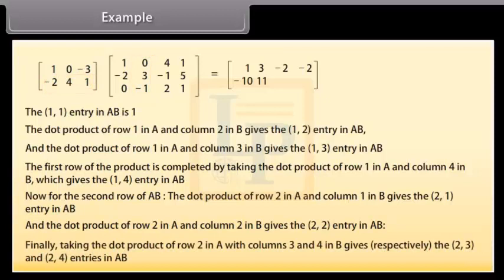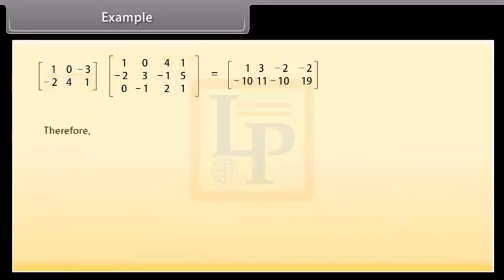Finally, taking the dot product of row 2 in A with columns 3 and 4 in B gives respectively the 2, 3 and 2, 4 entries in AB. Therefore, AB can be written as a matrix row-wise: first row 1, 3, -2, -2; second row -10, 11, -10, 19.